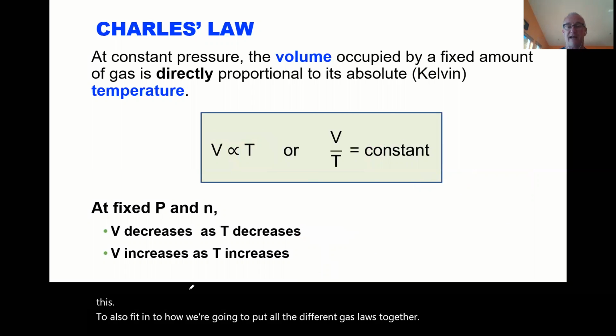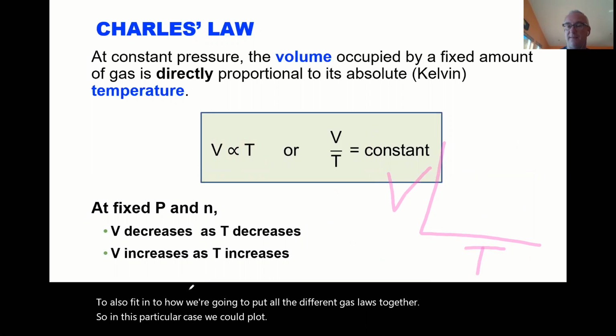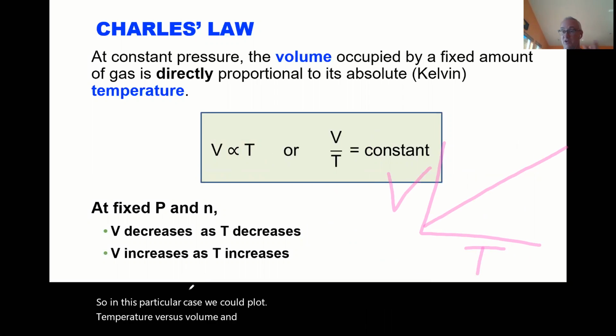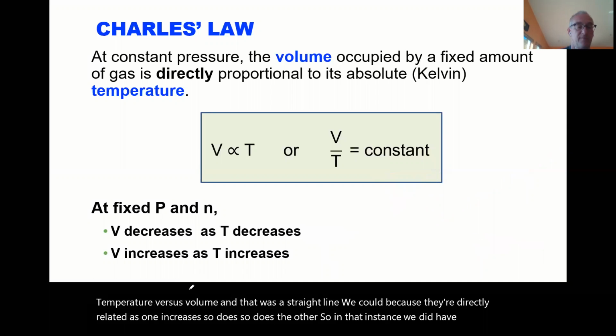In this particular case, we could plot temperature versus volume, and that was a straight line, because they're directly related. As one increases, so does the other.